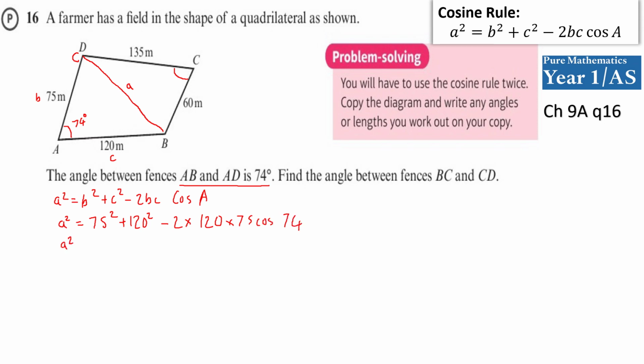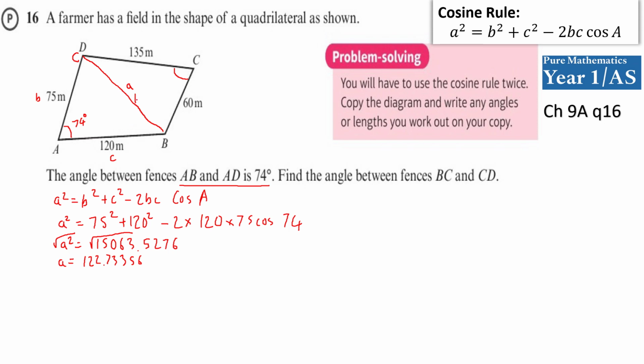So a squared equals, if you do that in your calculator correctly, 15063.5276, square root both sides, so a will equal 122.7356.